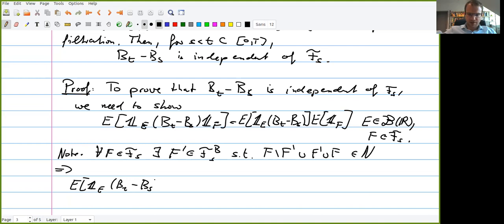So we start here at the left-hand side of our claim. Since we work under the expected value, where we can throw away null sets, this doesn't matter. So I can replace the indicator function of F by the indicator of F prime.